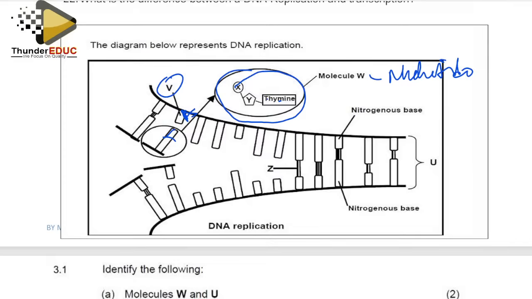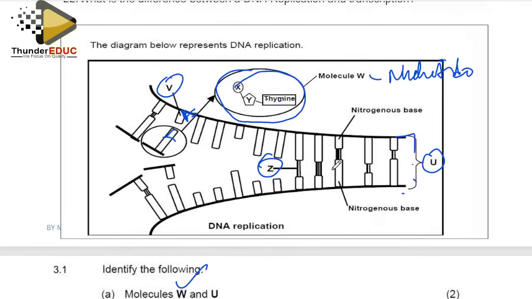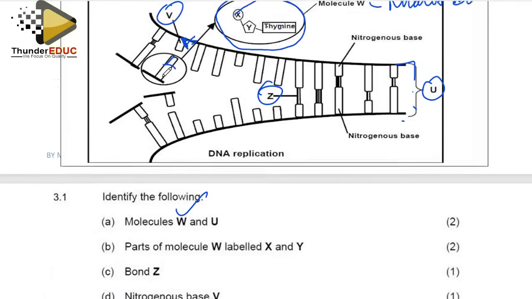And then what is U? U is the DNA molecule. What is Z? Z is weak hydrogen bonds. So now we come back here. Molecule W, we said, is a nucleotide.